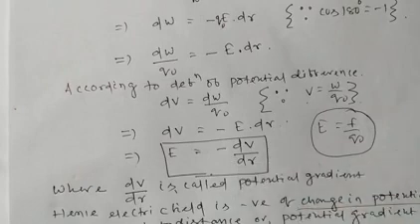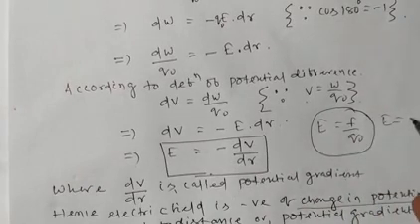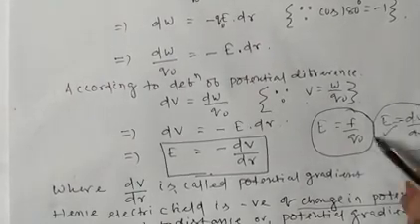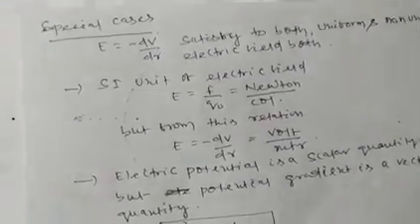And here today we have discussed that electric field is related to electric potential through the formula E equal to minus dV by dr. So these two formulas are very important for explaining the electric field in different ways.